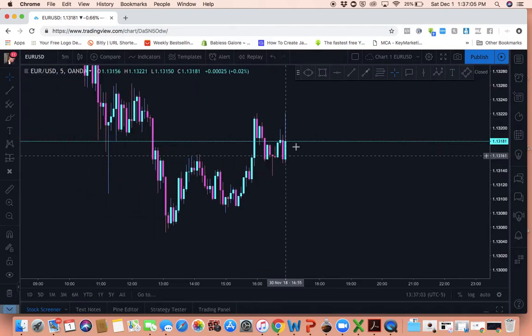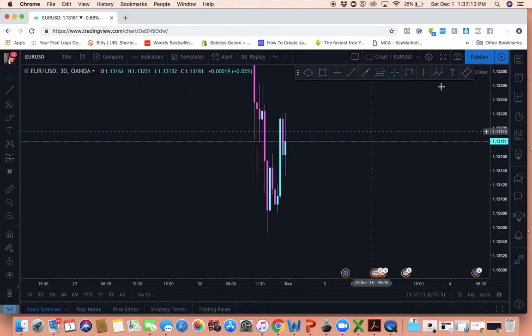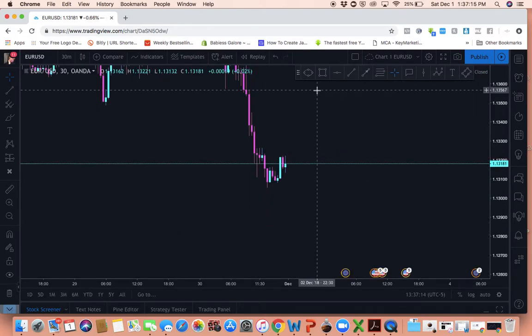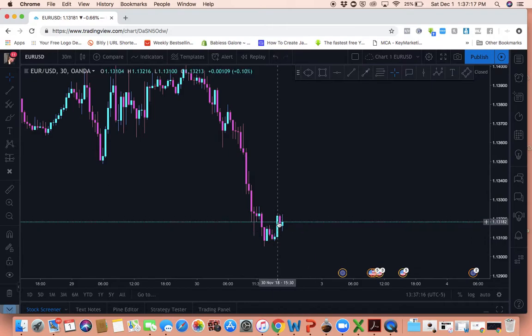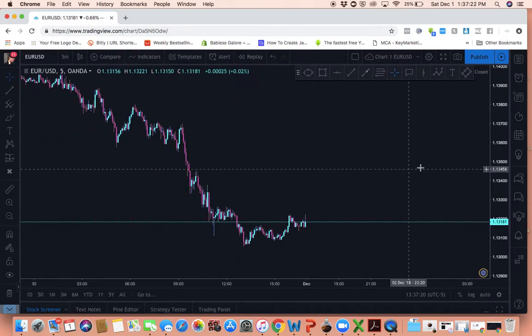So if you look on the 30-minute time frame, it's only going to show 1 candle for each 6 of these 5-minute candles, if that makes sense. So on the 30-minute, this is what you see, and on the 5-minute, this is what you see.